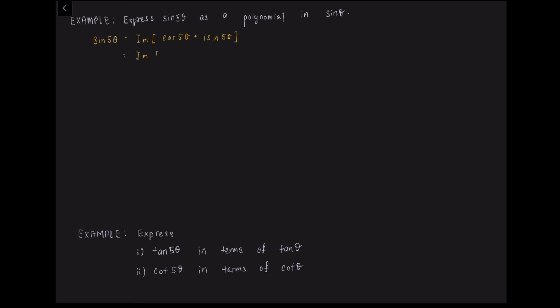And we use De Moivre's theorem again, so we get its identity, which is (cos theta plus i sine theta) to the power of 5. And we replace cos theta as c and sine theta as s. And then we use the binomial theorem to expand this.